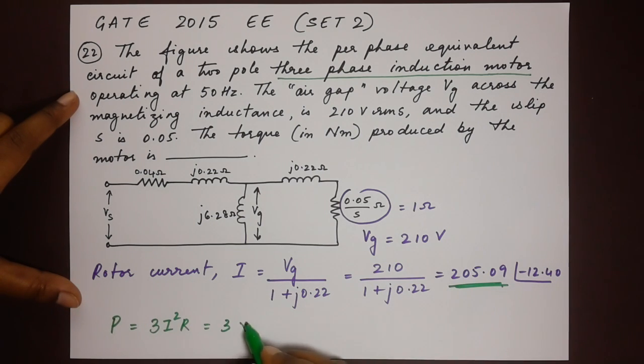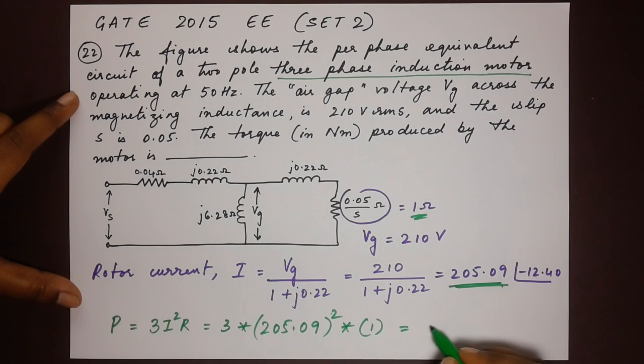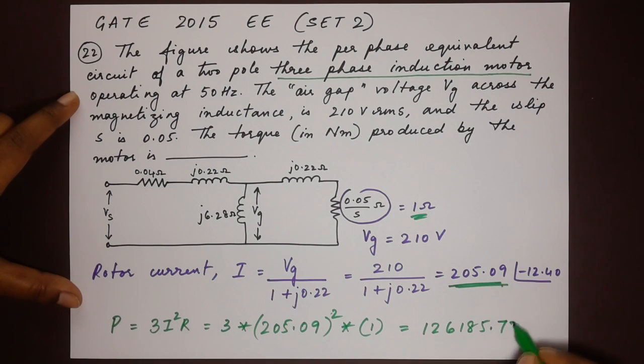So 3 into 205.09 squared into R is 1. Now once you solve this, you should get a value of 126185.72. Yes, quite a large number, but this is correct. So this is the power.